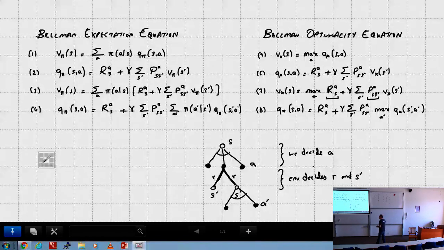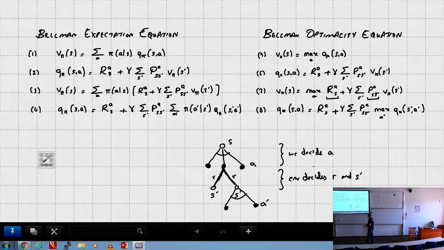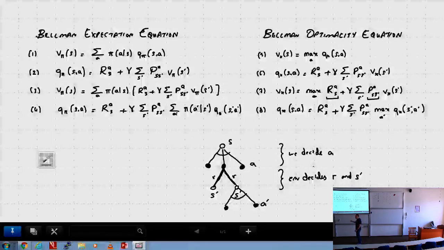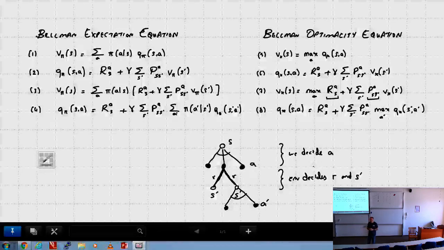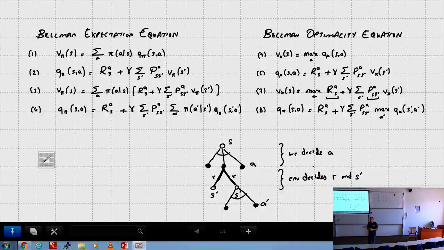If you say the current state's value should be the expected value of the reward you're going to get, plus the value of the next state you're going to end up in, that's the Bellman expectation equation. Given a fixed policy, it tells us the value of each state.